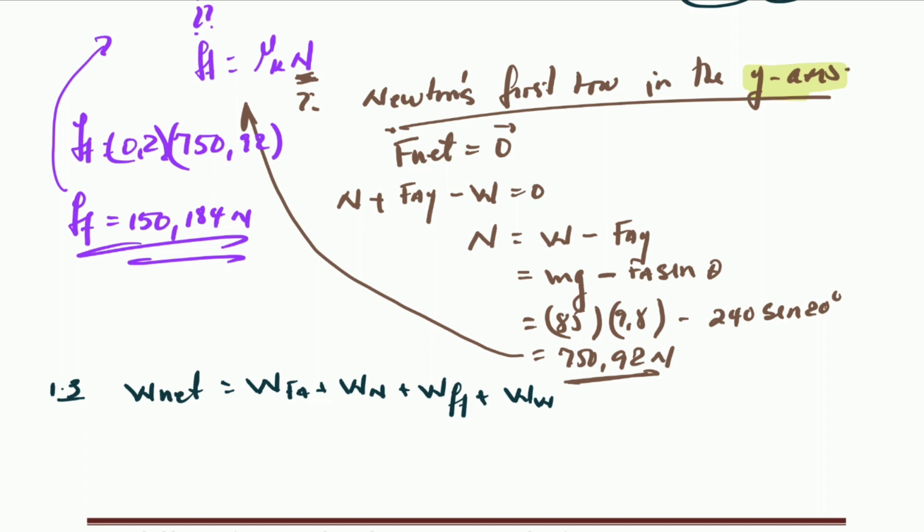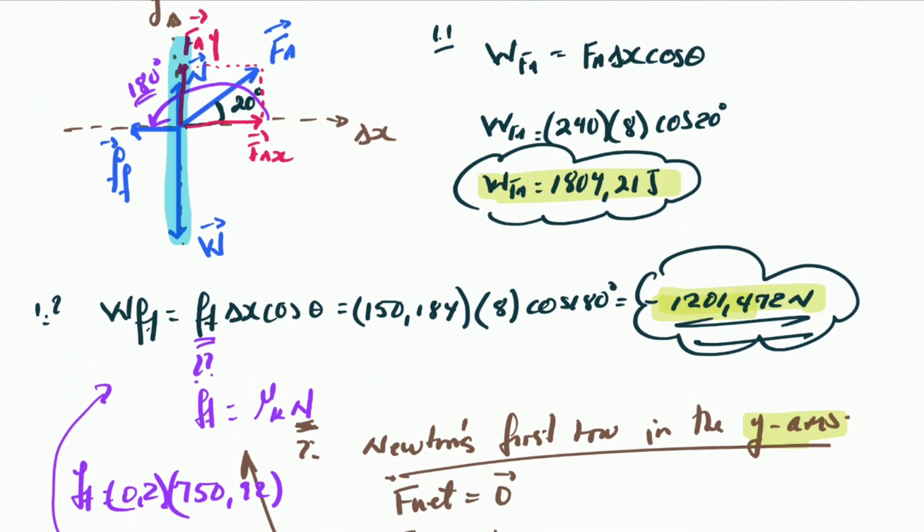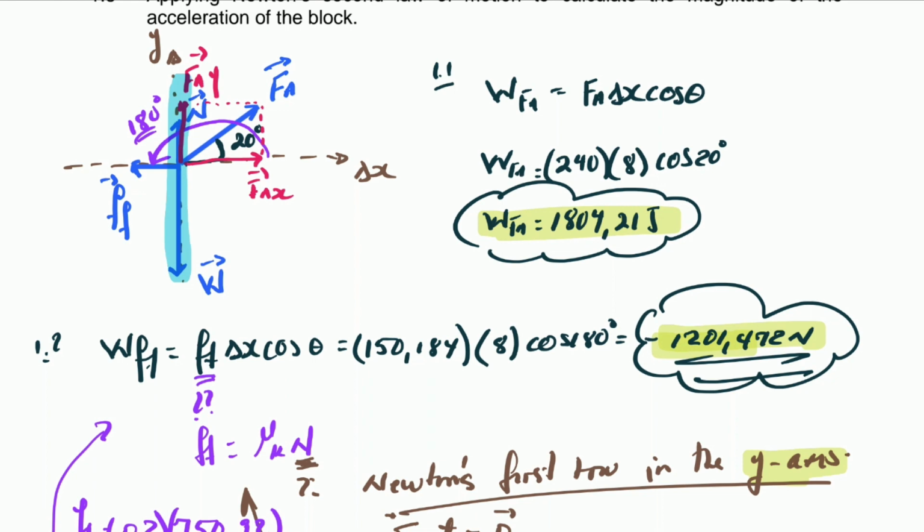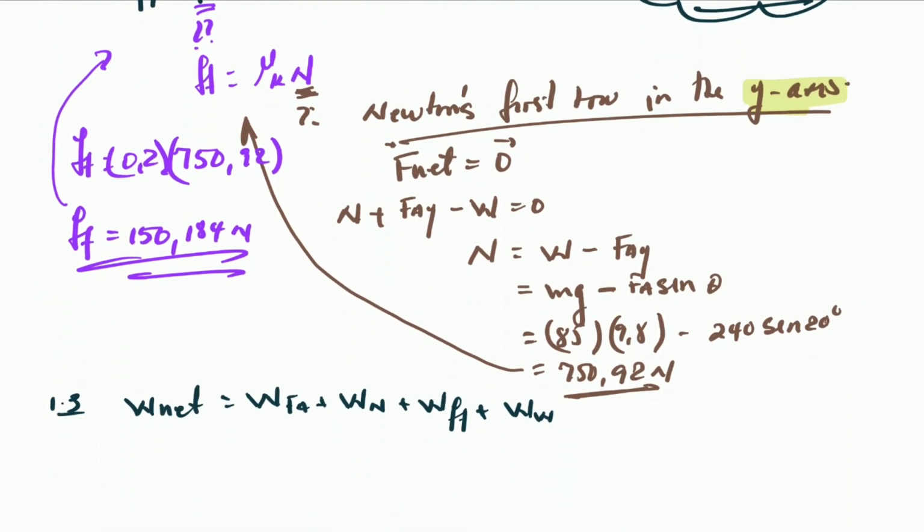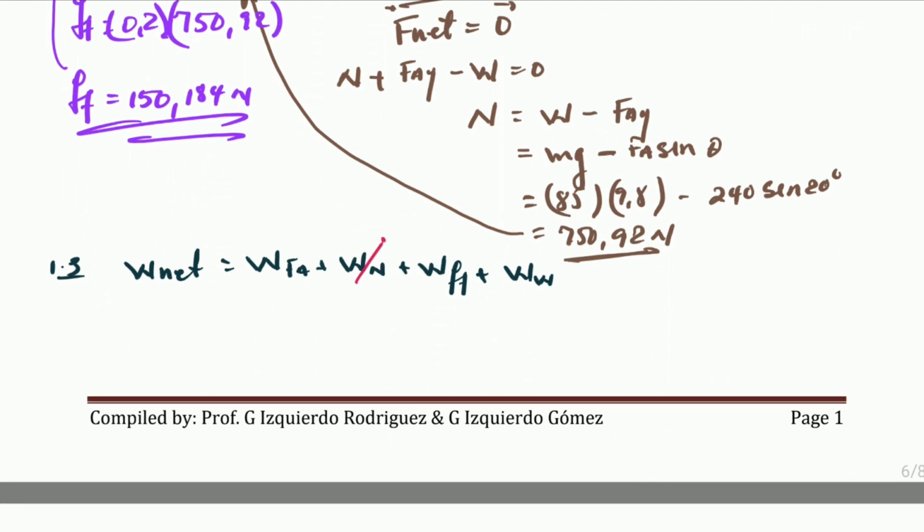However, you know that the angle between the normal and the displacement, and between the weight and the displacement, is 90 degrees. So the work done by the normal force in this case is 0, as well as the work done by the weight. So in other words, it's only the work done by the applied force and the work done by the frictional force.